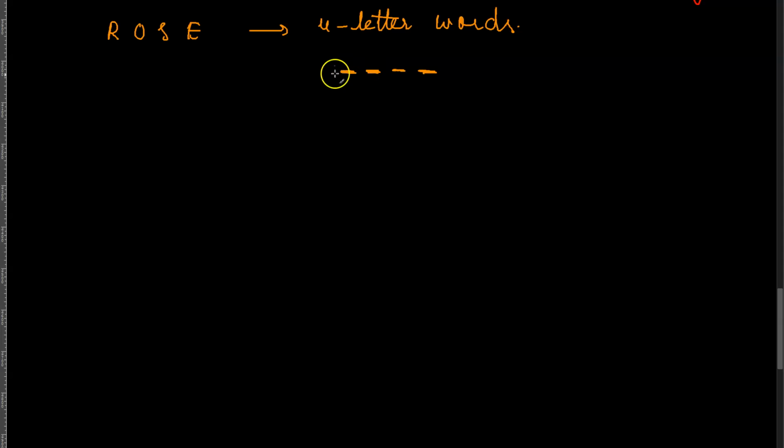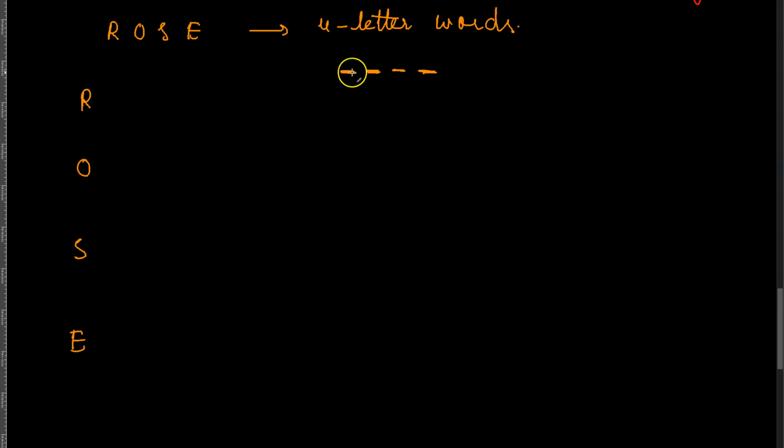So for this first placeholder, I have 4 choices to make, meaning that I can use an R over here, I can use an O over here, I can use an S over here, I can use an E over here, right? Now, suppose that I use R over here for the first letter.